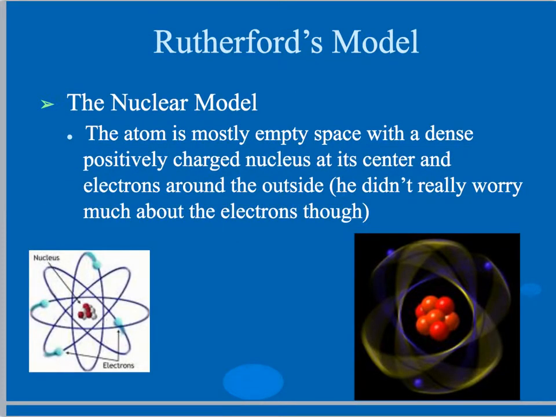So Rutherford's model is probably fairly familiar to you. It is at least part of the model that we still use today, and that is the nuclear model. The nuclear model was that, or is that, the atom itself is mostly empty space with a dense, positively charged nucleus at the center. That we know now is where the protons and neutrons are located.